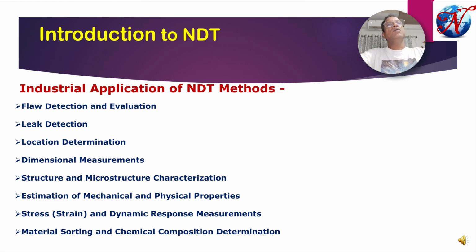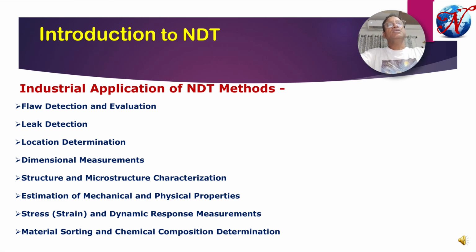It is also able to identify leaks, the cause of a leak, its location, and dimensional measurements. Structural and microstructural characterization of your inspection part can also be identified by the application of NDT.